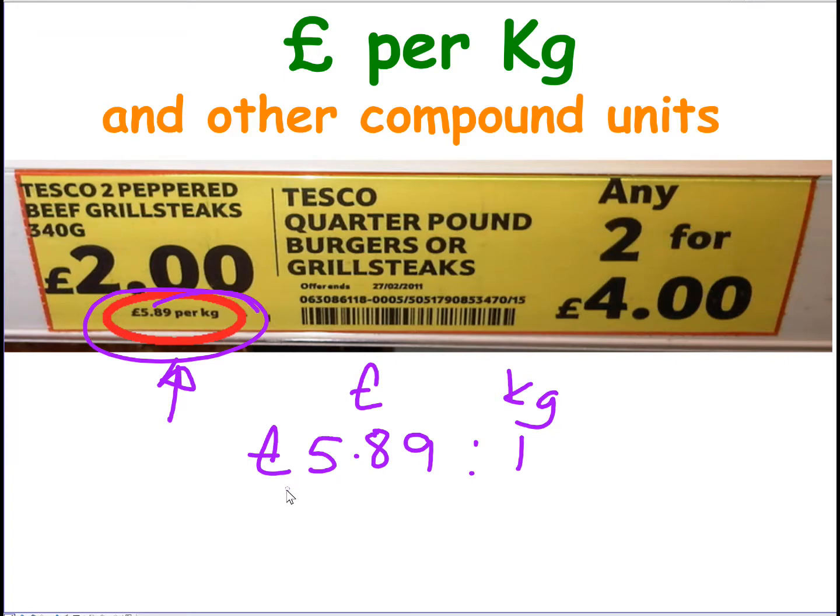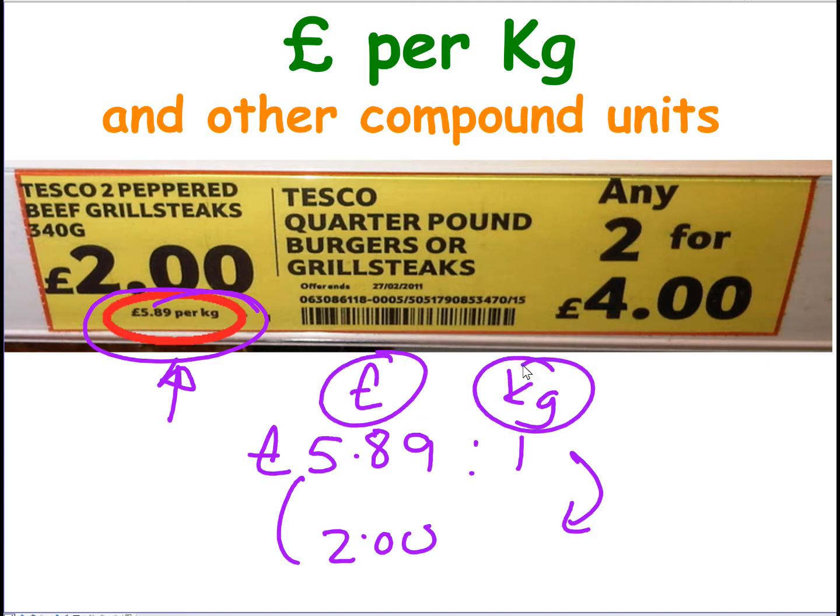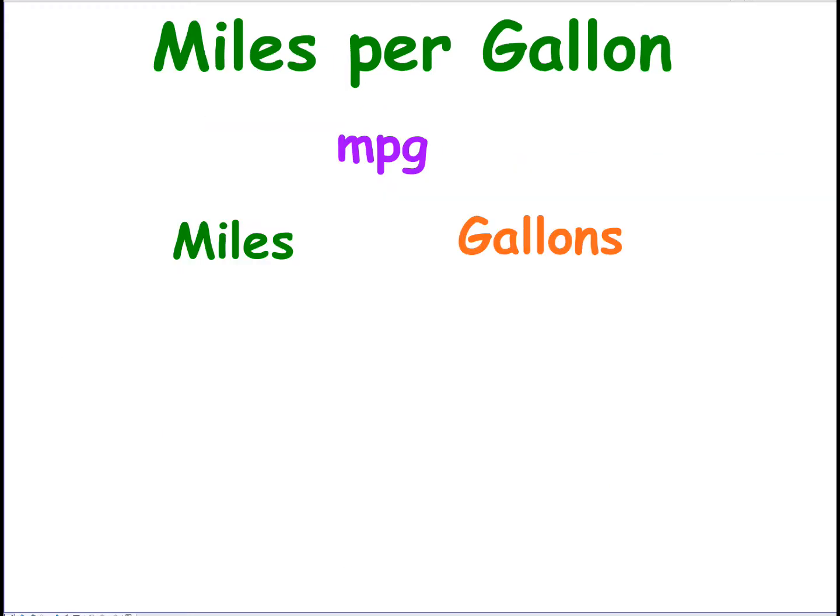So if you've got £2, you can work out how many kilograms that's going to give you. So anything like this is a compound measure, something that is made up of 2 units, in this case pounds and kilograms. Here's another really popular one, which is miles per gallon.